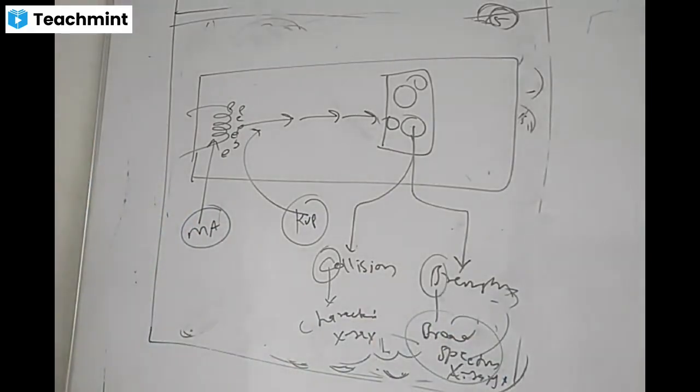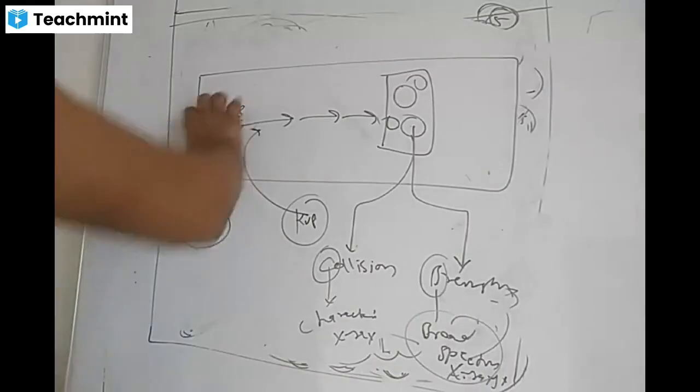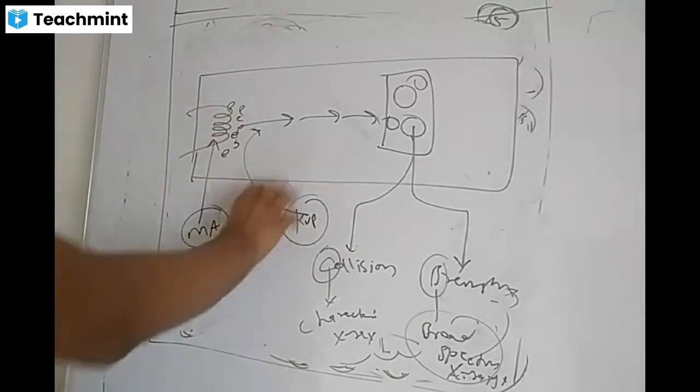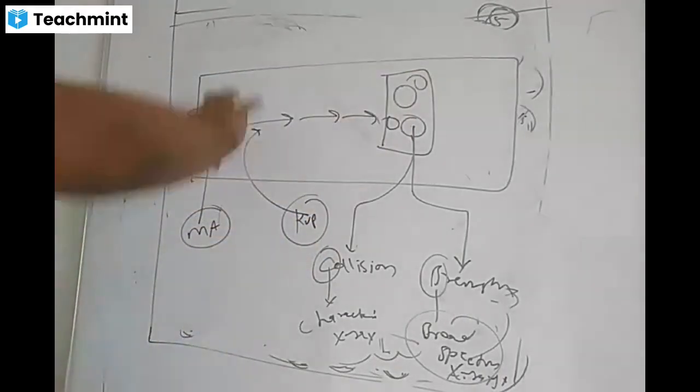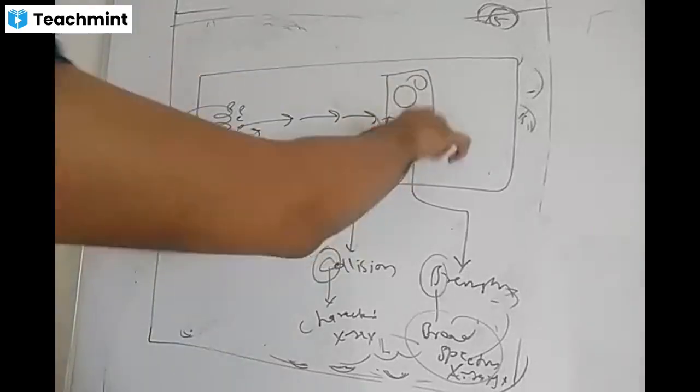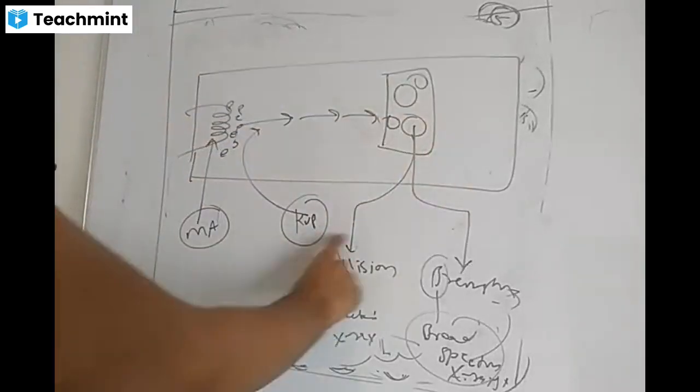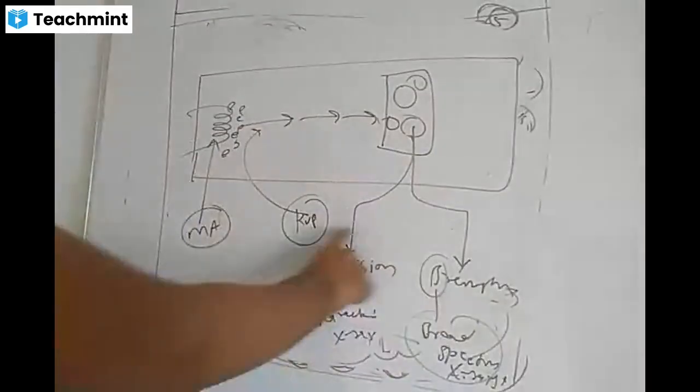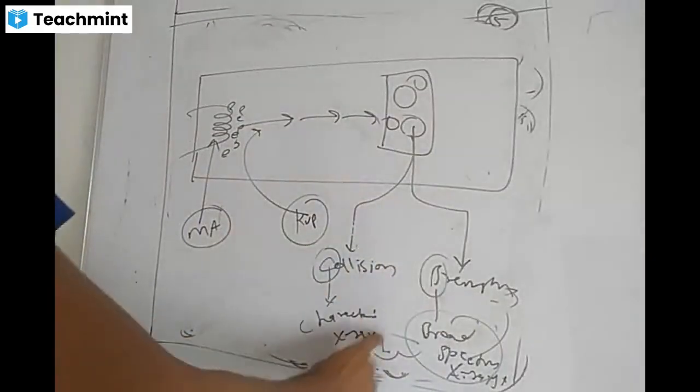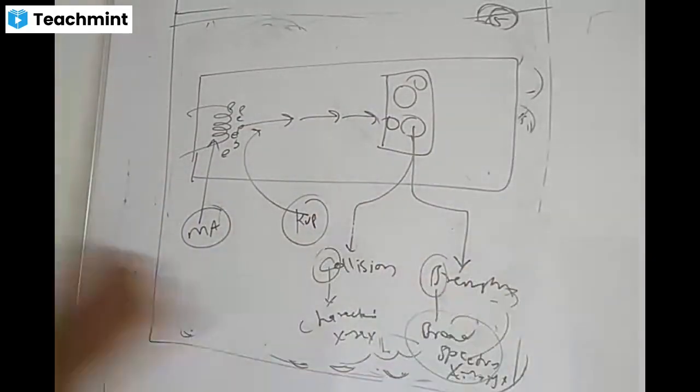So up to this we have covered these two parts. MA will give you the number of electrons, KVP will give energy, and once they are energized, they reach here. Two interactions occur. One is collision, one is Bremsstrahlung. Collision will produce characteristic X-ray, Brem will produce broad spectrum X-rays.